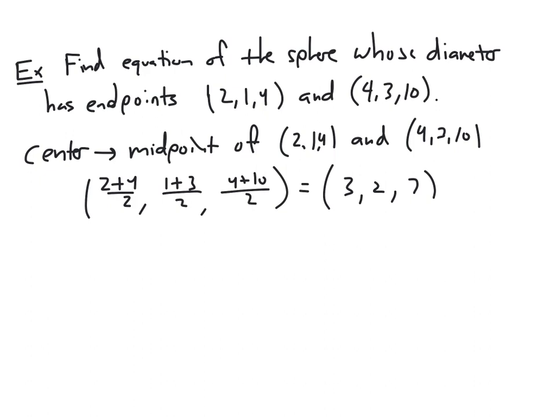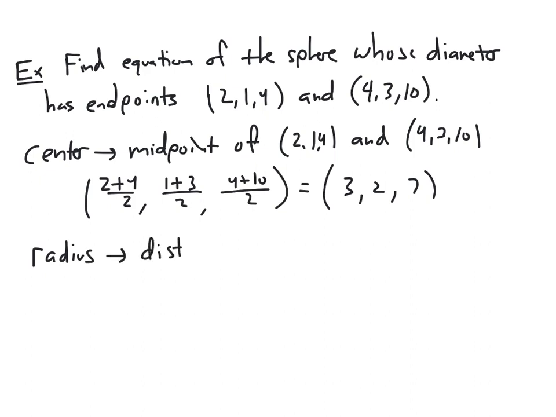And then for the radius, there are a couple different ways we could find our radius distance. The first way is we could find the distance between the two endpoints that were given, between (2, 1, 4) and (4, 3, 10). That would give us the length of the diameter of the sphere, and we could then divide that by 2 to get the length of the radius. What we could also do, now that we know the center, is find the radius directly.